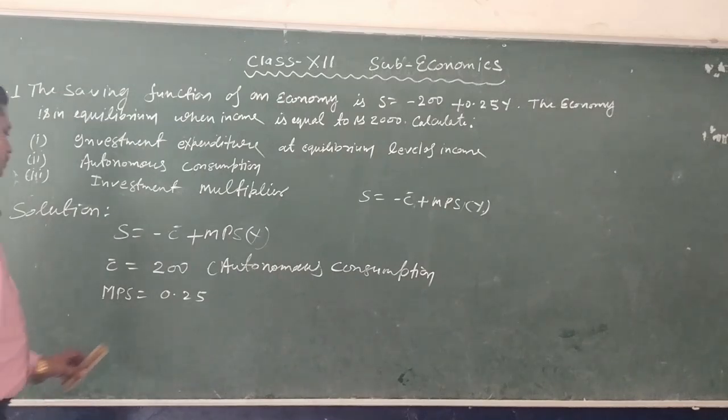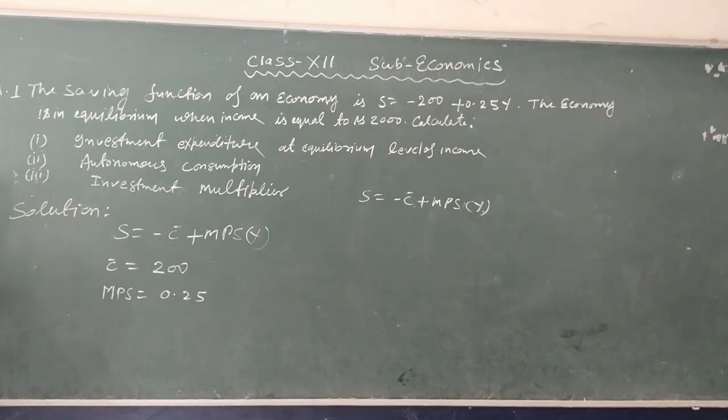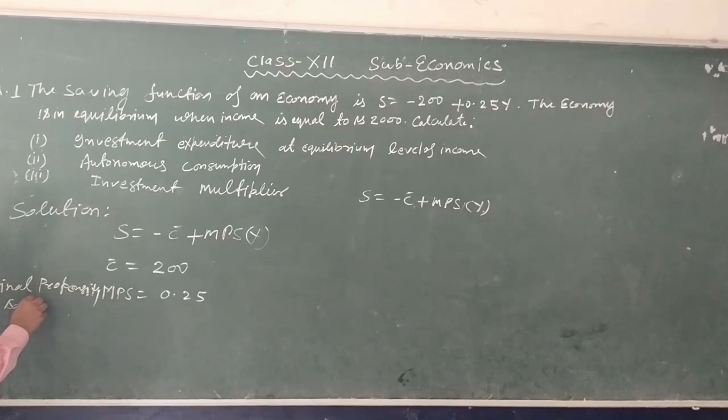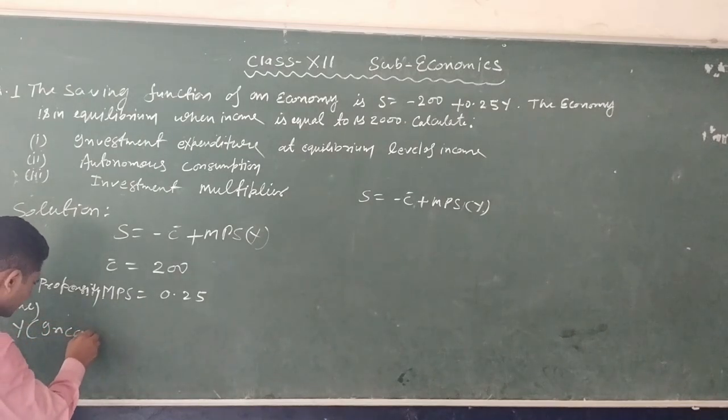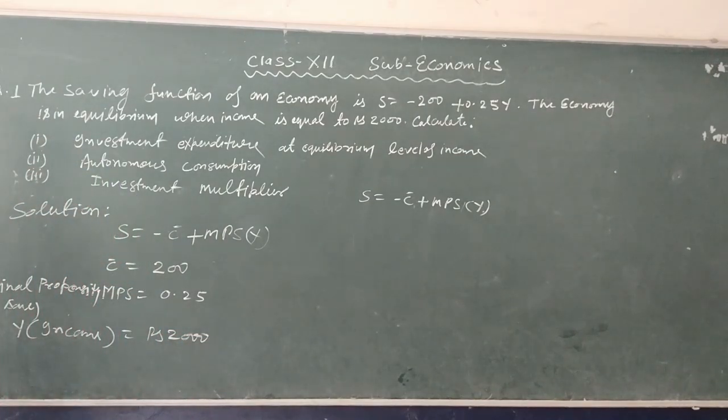This is the marginal propensity to save, equal to 0.25, and income is given 2000, and all values are given in crores.